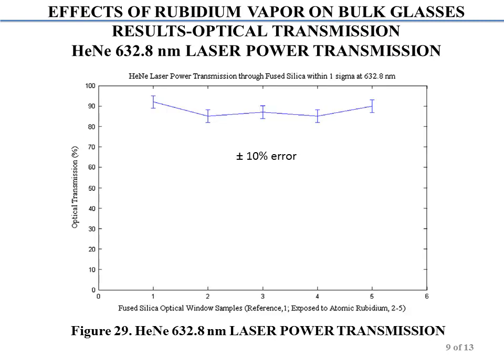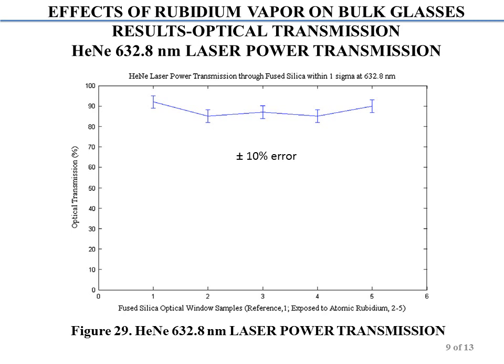The next slide shows results of optical power transmission measurements for this 632.8 nanometer helium neon laser probing beam, and the measurements are within plus or minus 10%. The reference sample before exposure of fused silica had a transmission greater than 90%.